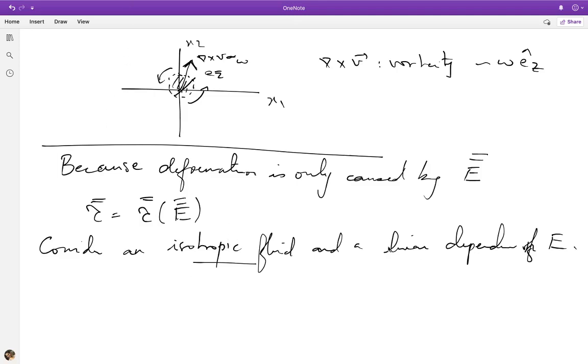So for such a case, and of course assuming the linear dependence of tau on E, we can write the following general relationship.